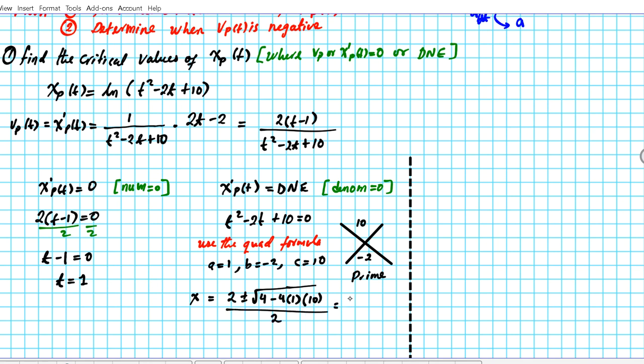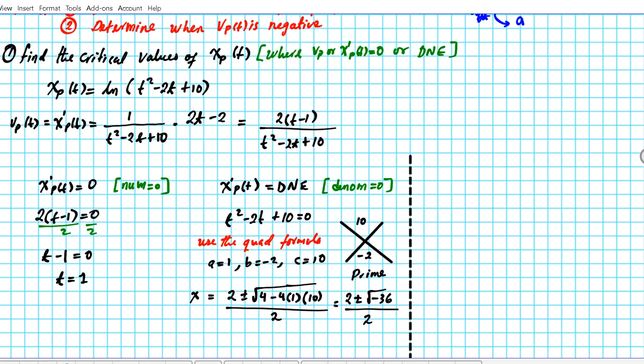If we simplify that, we have 2 plus or minus the square root of 4 minus 4 times 10, which is 40. 4 minus 40 is -36, over 2.